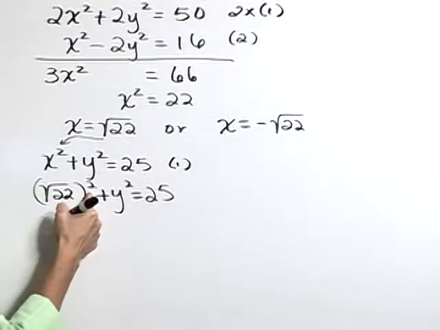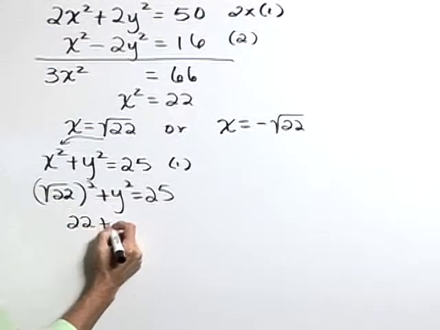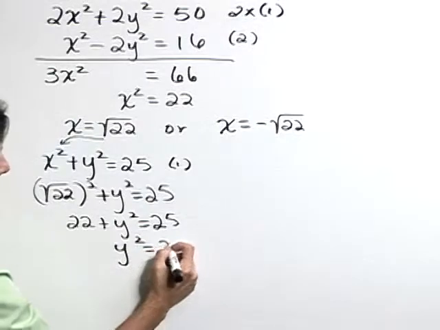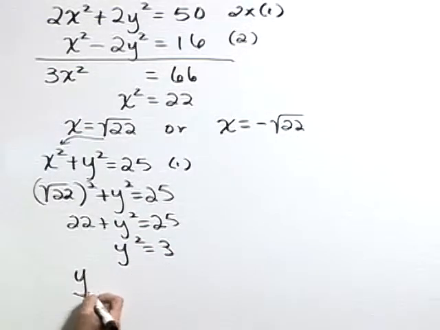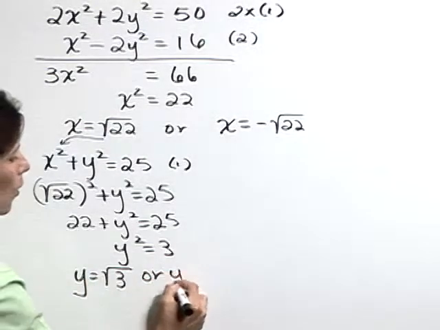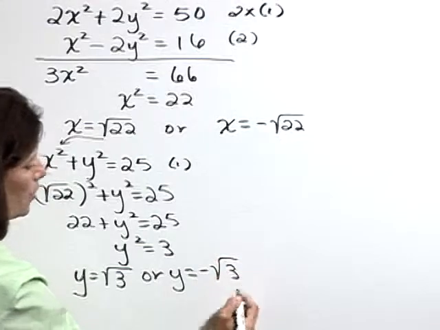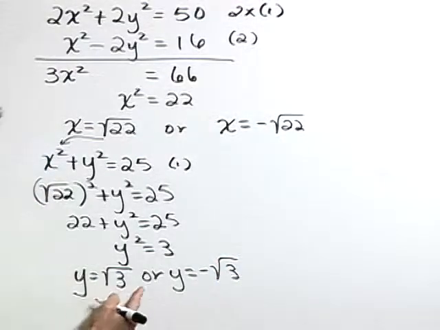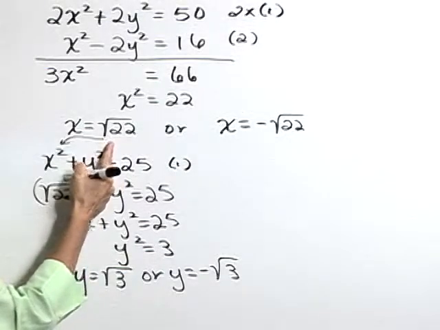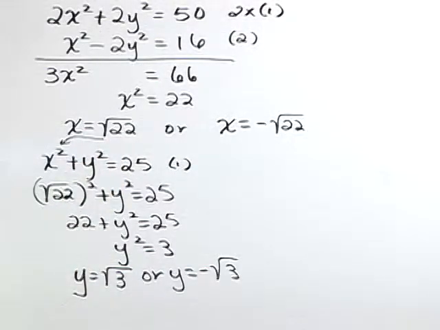Square root of 22 squared is 22, plus y squared is 25. So y squared is 3, or y is equal to, as we take the square root of both sides, a positive square root of 3 or a negative square root of 3. So we've got two separate y values that pair with this x value of square root of 22.